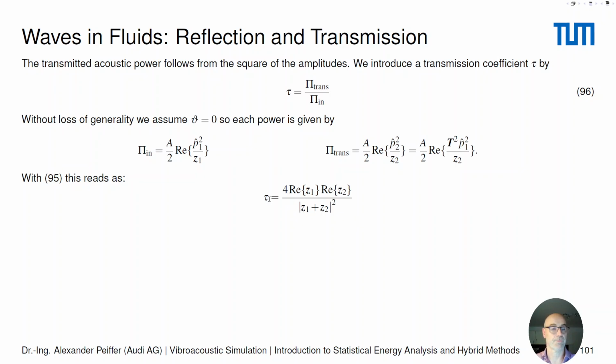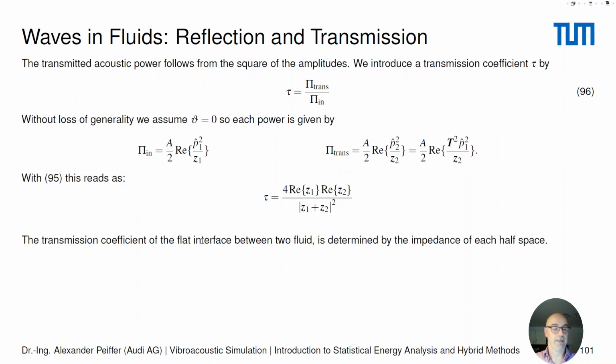So it depends on the real part of both characteristic impedances of the fluids, divided by the squared sum of the absolute values of both fluids.